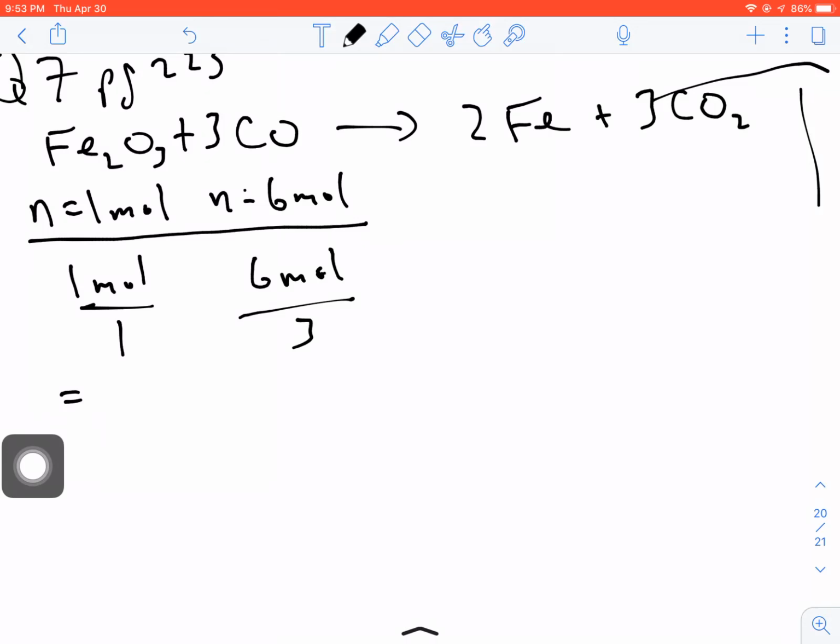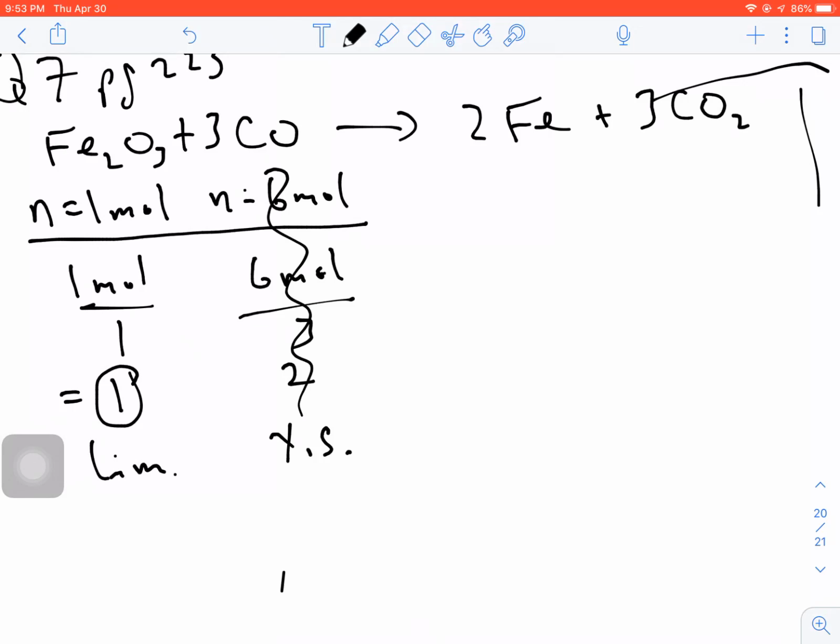So when I do my math, I get 1 on this side, and 6 divided by 3 is 2. The lower one is the one that I'm interested in. That's this one. This is the one that's limiting. The other one is 2, so it's in excess, meaning there's too much. So I don't need this anymore. I ignore the excess one.